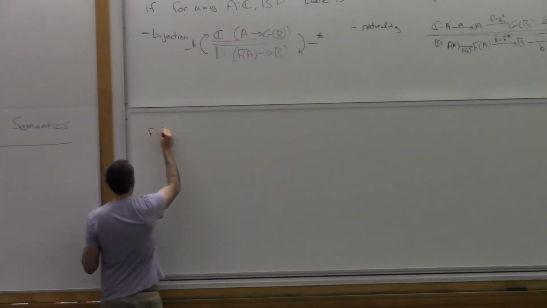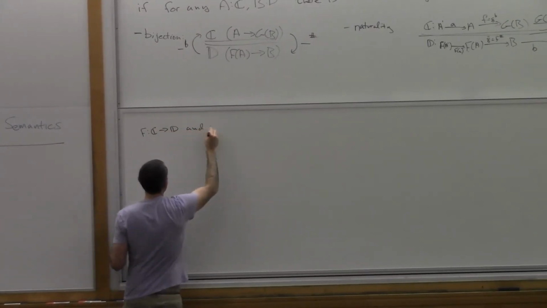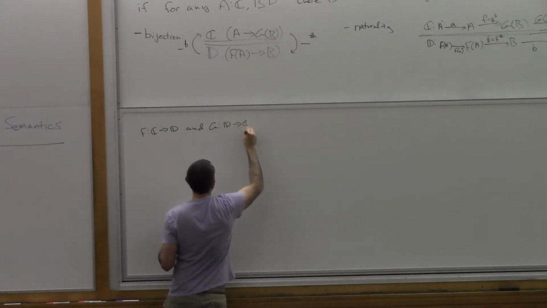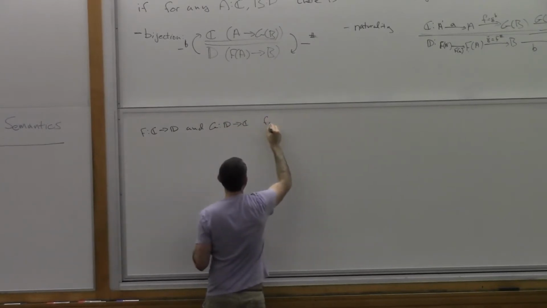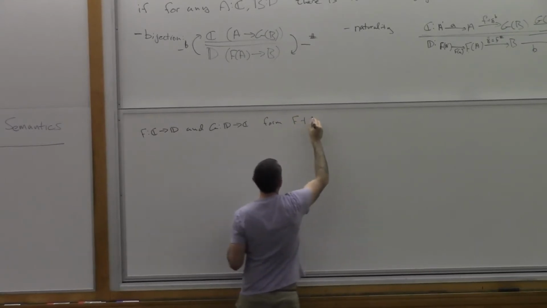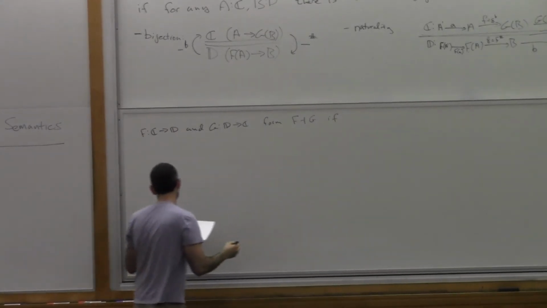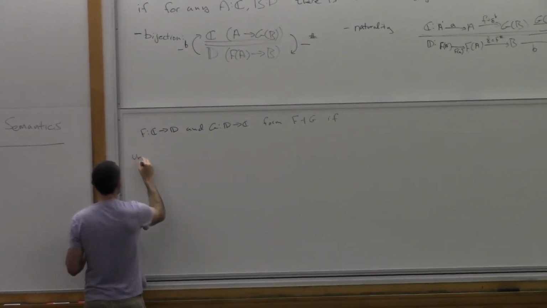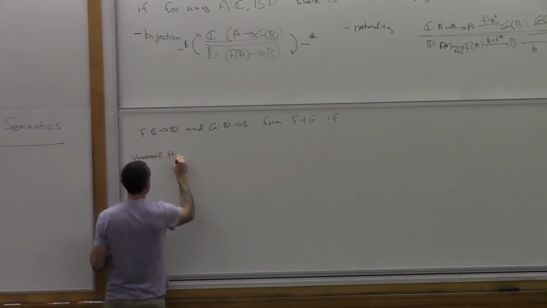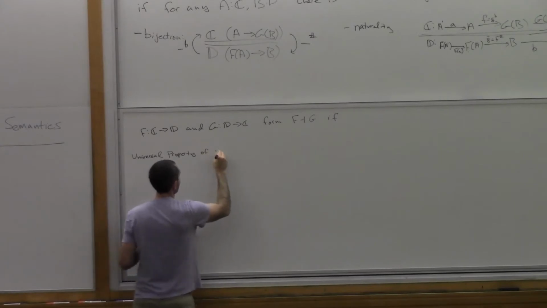So F from C to D and G from D to C form an adjunction with F adjoint to G if either of these two things hold. The first one is called the universal property of the unit.